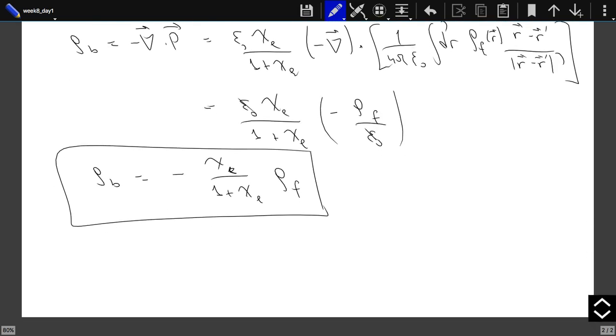And the total charge that creates our electric field, which will be the free charge plus the bound charge, will be equal to 1 over 1 plus the susceptibility times the free charge.